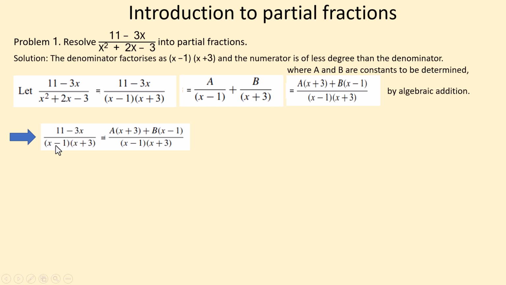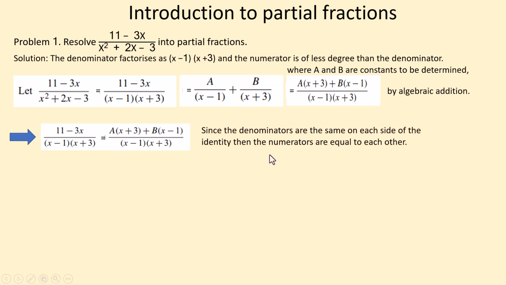So (11 minus 3x) over (x minus 1)(x plus 3) equals a(x plus 3) plus b(x minus 1) over the same denominator, so the numerators equal each other. Then 11 minus 3x is equal to a times (x plus 3) plus b times (x minus 1), because the denominators cancel each other.